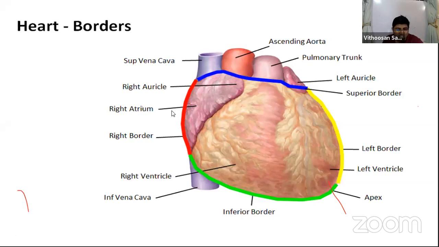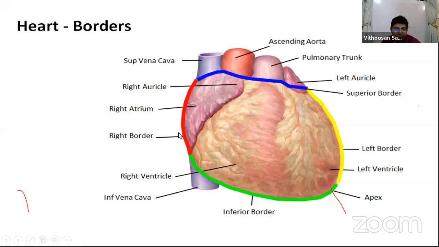So if you look at this right border, it is formed by the right atrium. If you look at this inferior border, the lower part of the heart, it is formed by the right ventricle.